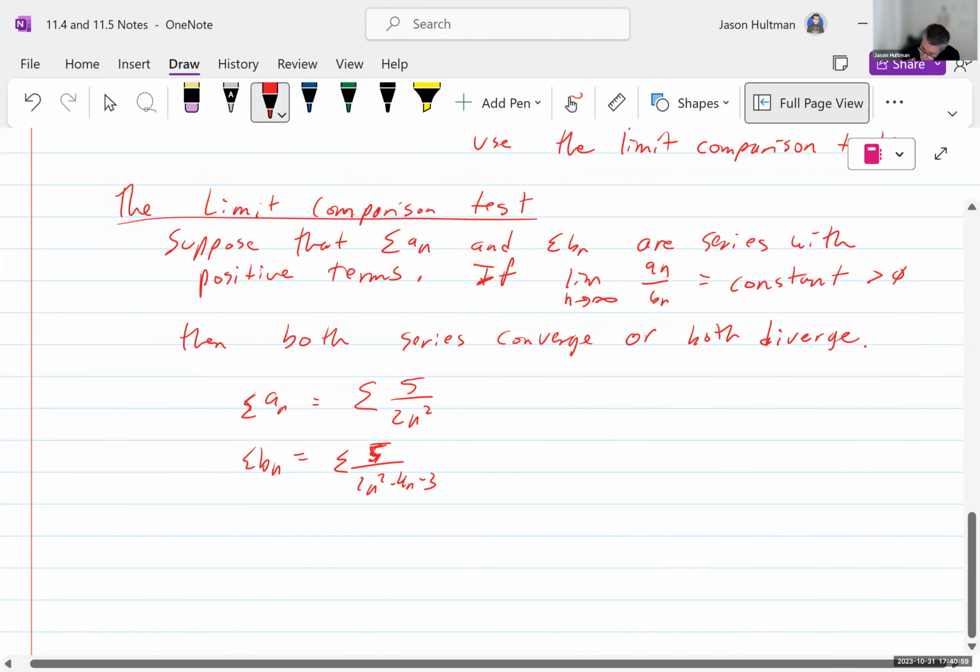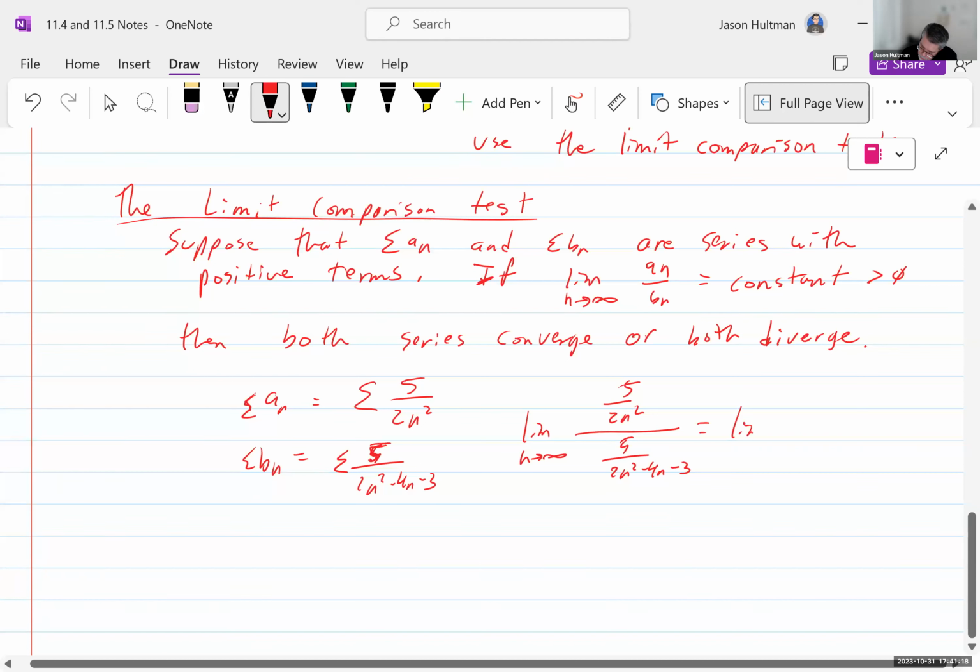Okay, and so we want the limit as n goes to infinity of 5 over 2n squared all over 5 over 2n squared minus 4n minus 3. Okay. So now I'm just going to flip.